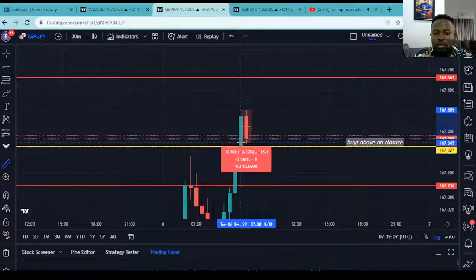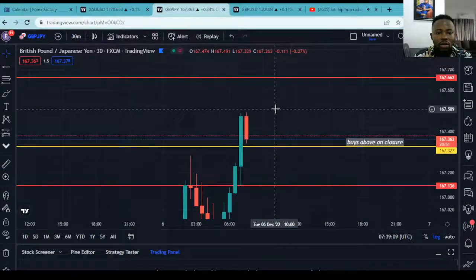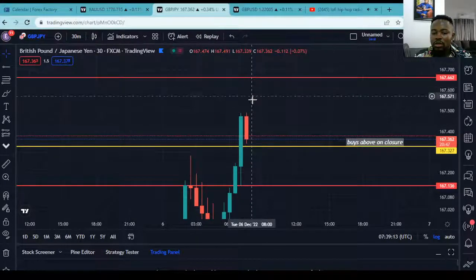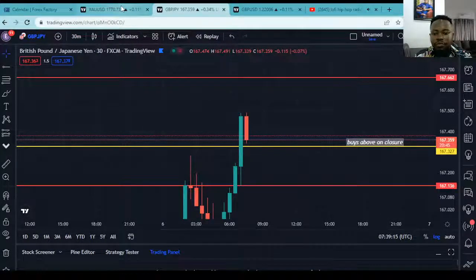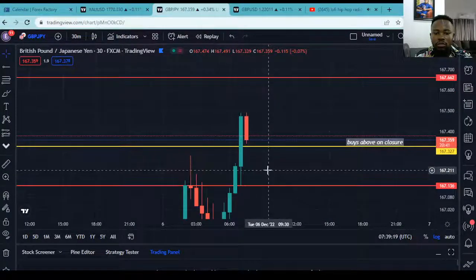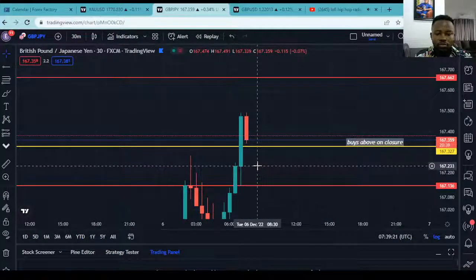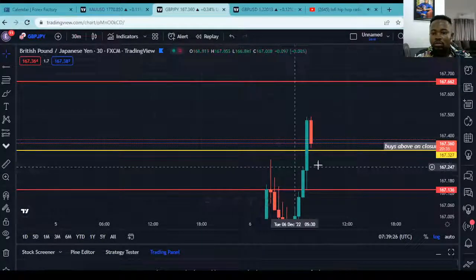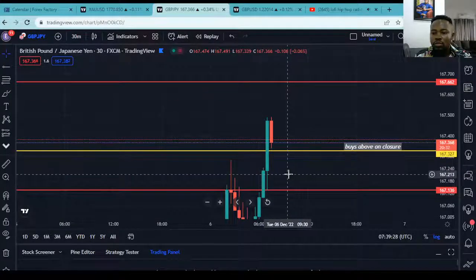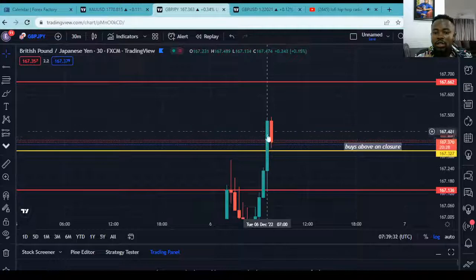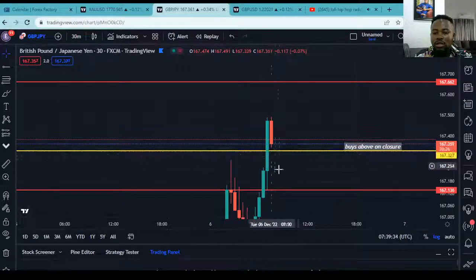Okay, we've had a 16 pip move on the lower wick on GJ. We'll now need to break these highs to continue to the upside. But let's keep in mind that we don't expect this candle to close back inside this range.